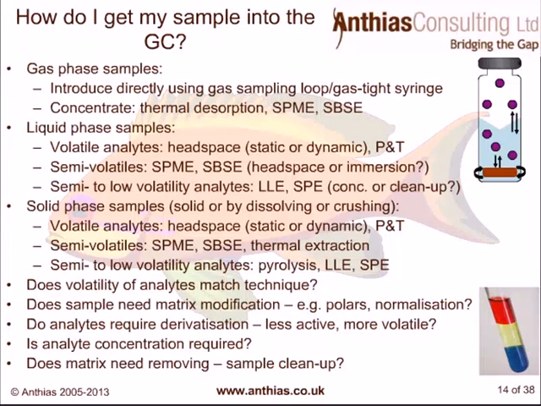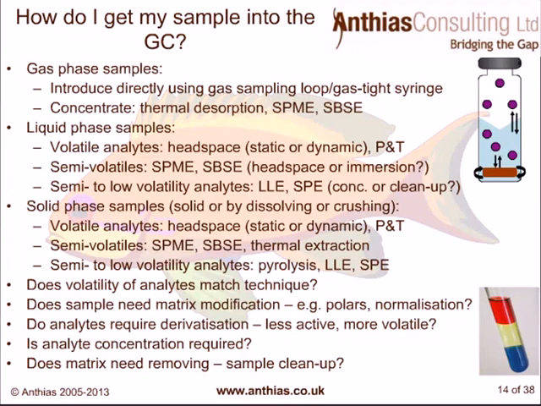Questions you need to be asking: does the volatility of the analytes match the technique you're going to be using? Does your sample need matrix modification? For example, if you've got more polar compounds that you need to get out of a liquid matrix, then you'll need to do matrix modification. Do you need to normalize your sample? Do you have various different levels of salt or changes in pH, which again will affect the analyte extraction technique?